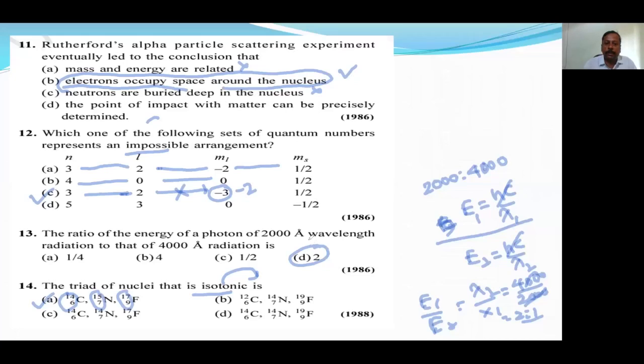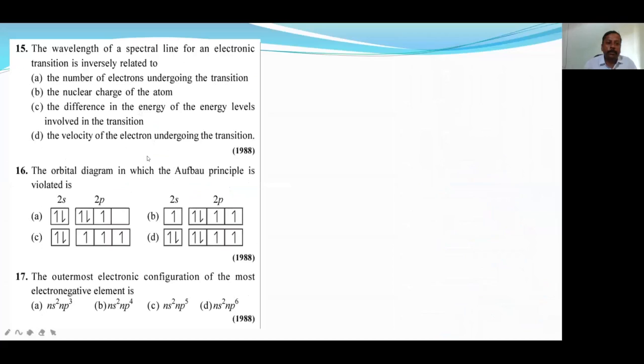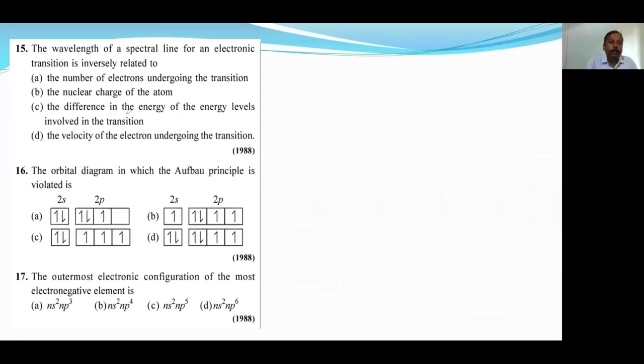Okay, let us see the next one. The wavelength of a spectral line in an electronic transition is inversely related to what? Wavelength is inversely proportional to the difference in energy, since E is equal to hc upon lambda.